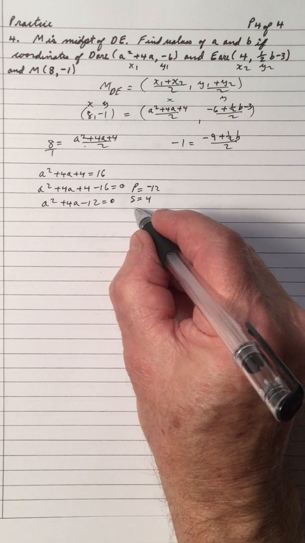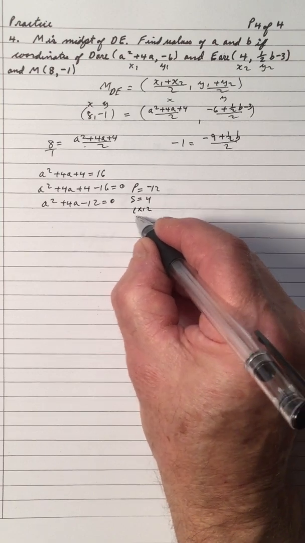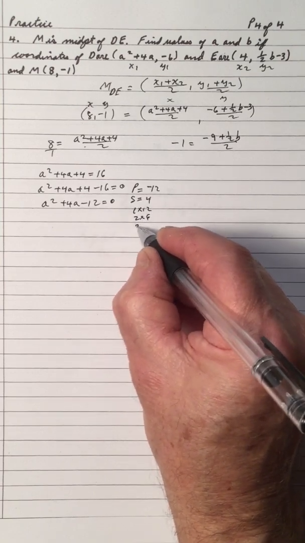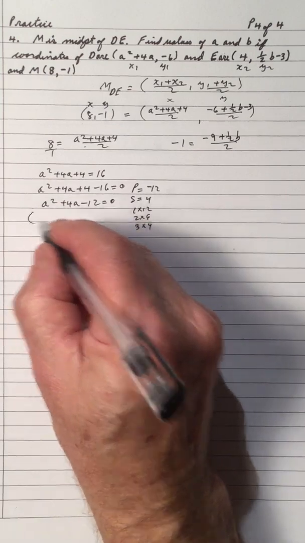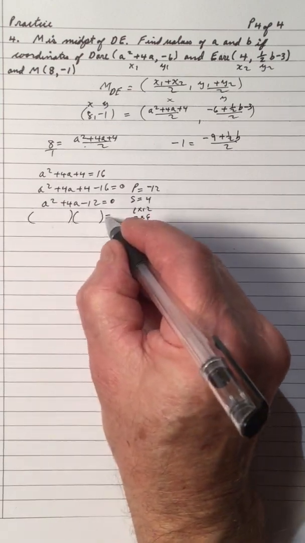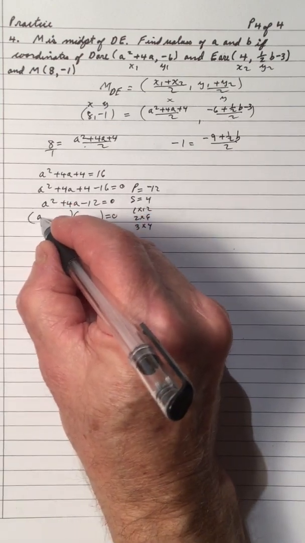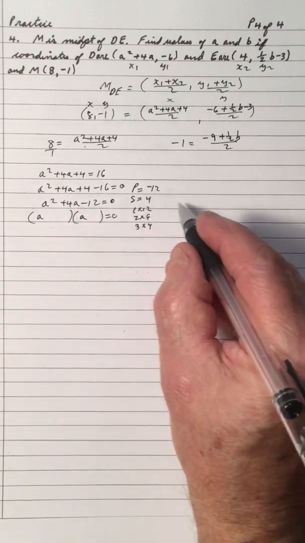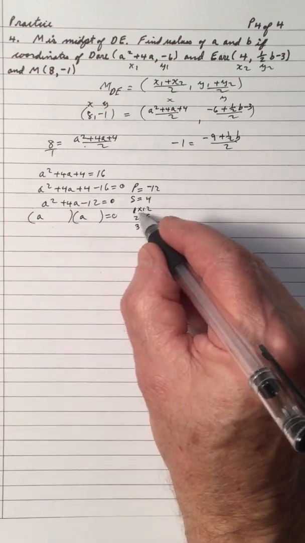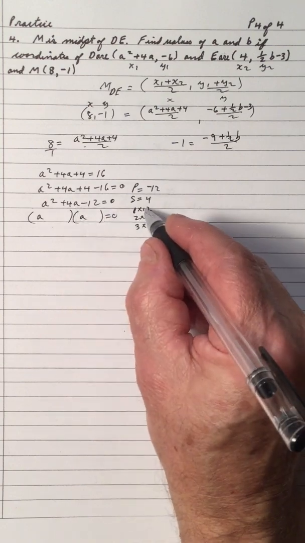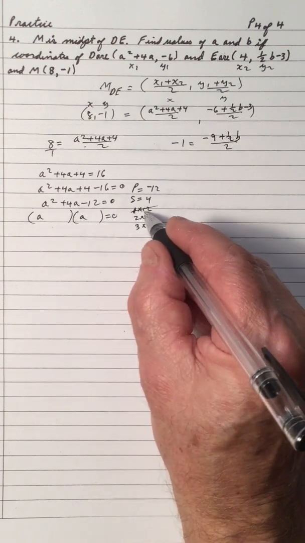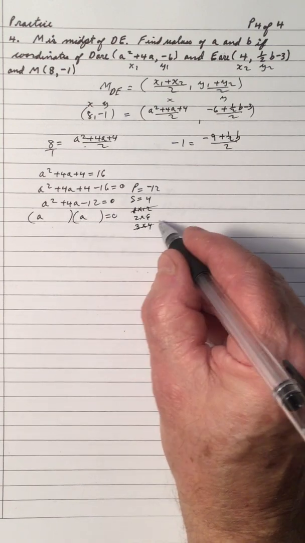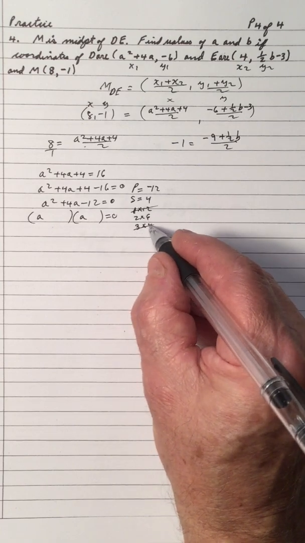So the factors of 12 are 1 times 12, 2 times 6, and 3 times 4. Because I have an a squared, this is easy to factor: a and a. What are the factors of 12 that will give you a 4? 12 and 1 will give you 13 or 11. 4 and 3 add up to 7, subtract to 1.